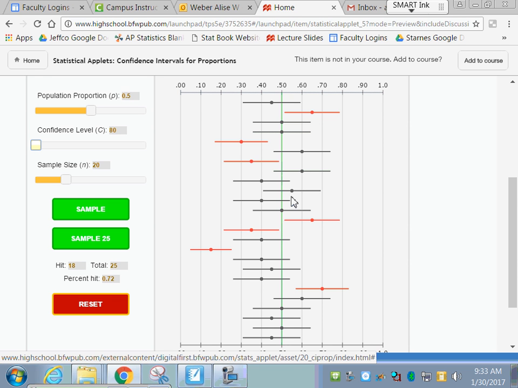Summarize what you learned about the relationship between the confidence level and the length of the confidence intervals for a fixed sample size. All right, so I would probably write something about that. If we're 80% confident, we have a smaller length of interval. If we're 99% confident, we have a larger length interval.